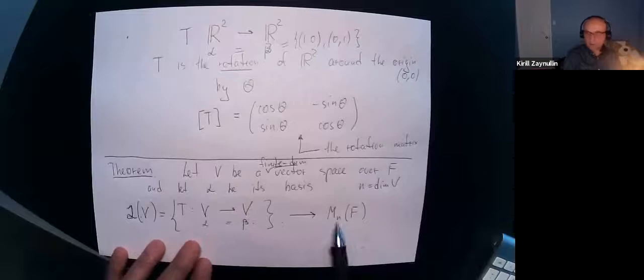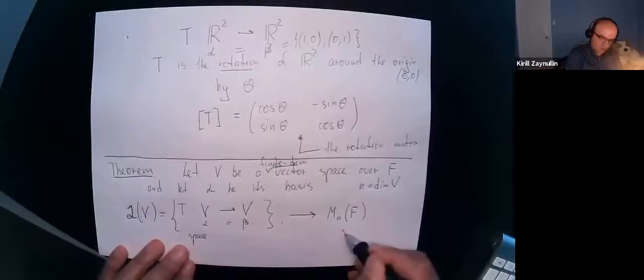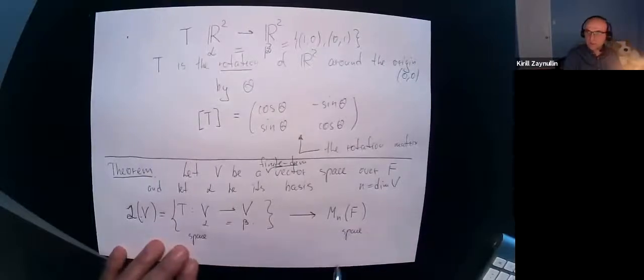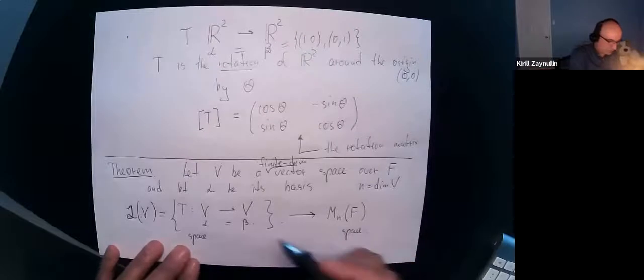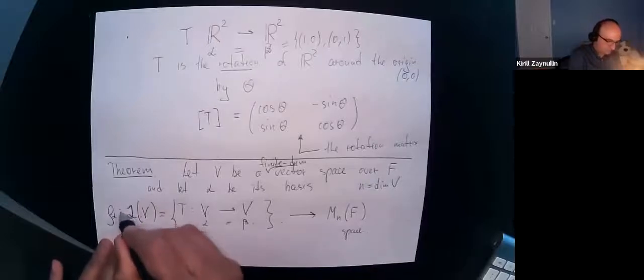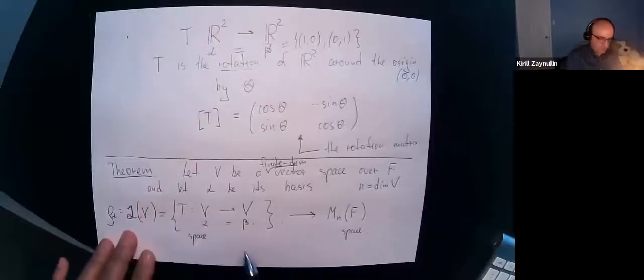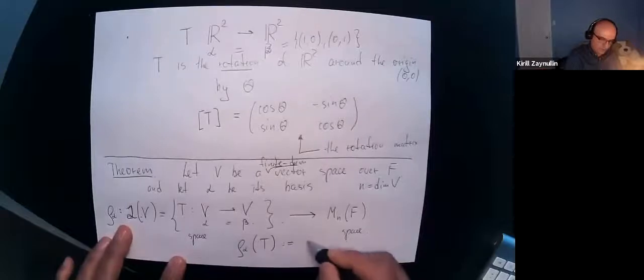So it's a set of n by n matrices. Again, this is a vector space, this is also a vector space, we all know this, right? And so the claim is that, let me denote this correspondence by rho alpha. What this correspondence does is just to each linear operator associate its transformation matrix.